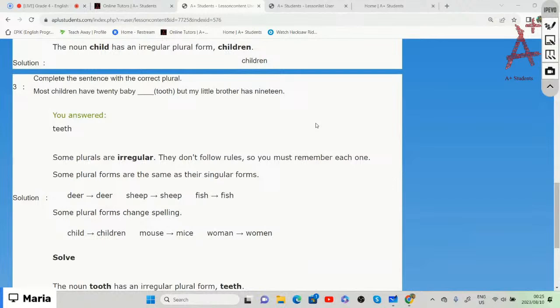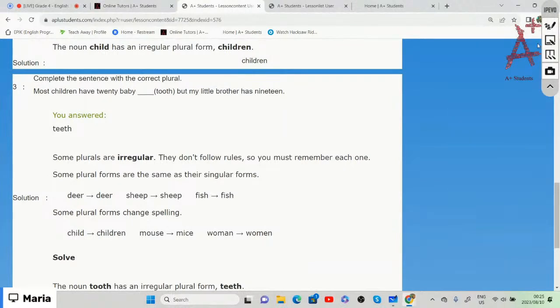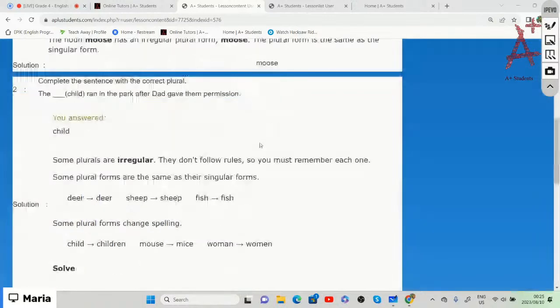If we change that word into the plural form, then we can say one tooth, but more than one teeth. Teeth. So one tooth, but more than one teeth, right?